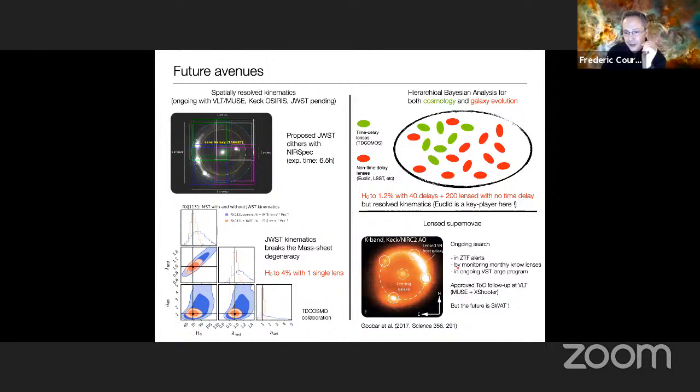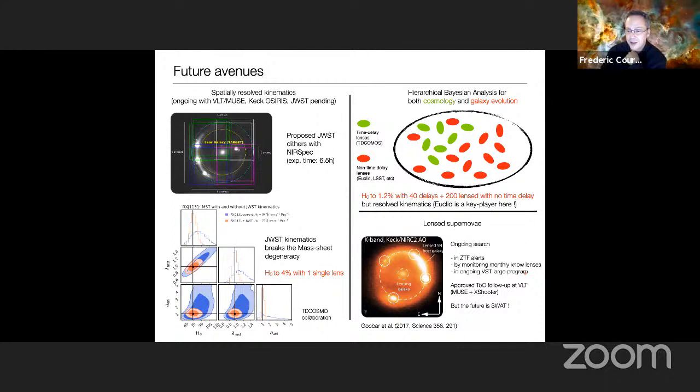And of course, a third avenue is to use lensed supernovae. With LSST, there should be several lensed supernovae discovered each year, but you have to be there with follow-up time. And presently, there is no LSST. So we do this with ZTF, the Zwicky Transient Facility. We also monitor known lenses monthly, waiting for a supernova to blow up there.